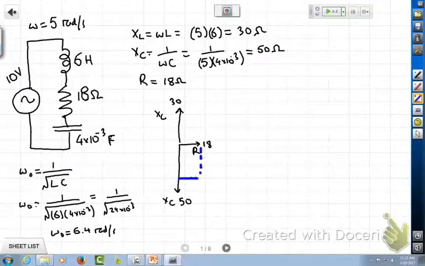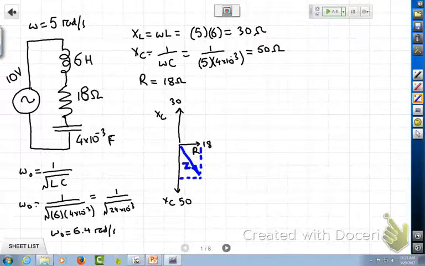I've been maybe needlessly picky, but so my Z is going to be like that. Can you see that, just by the diagram? 30 is added to minus 50, so it's going to be minus 20.